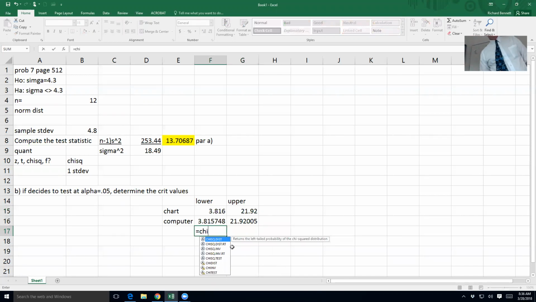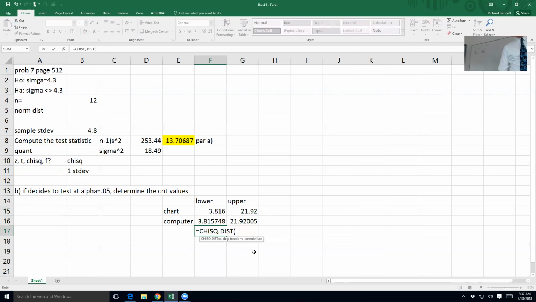But what happens if I do dist? Dist is asking me for x. What does x represent in this case? Somebody said z-score. It's not a z-score. It's a chi-square score, so it's looking for a value greater than 1.